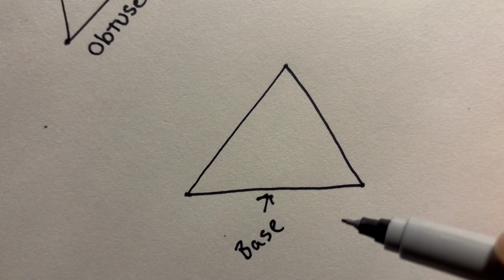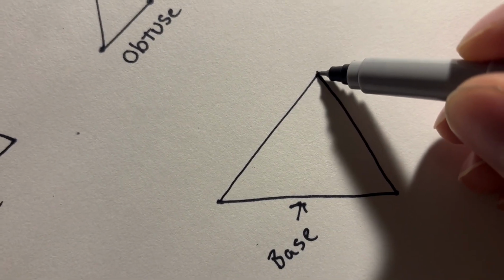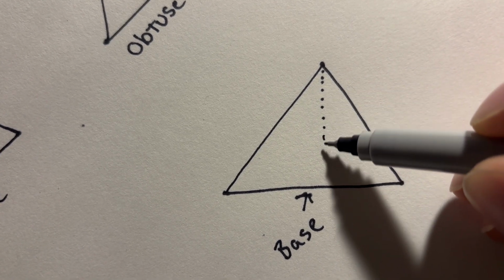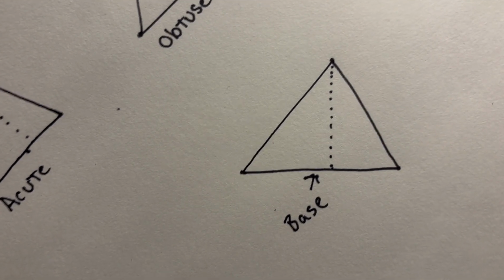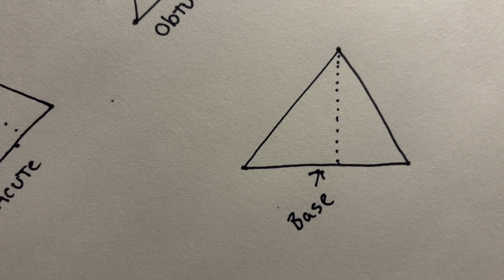Once you establish the base, you want to find the highest point of the triangle, which is right here, and draw a straight line down, just to give you an idea. And that's how you figure out your height of the triangle, the highest point, or the highest vertex.